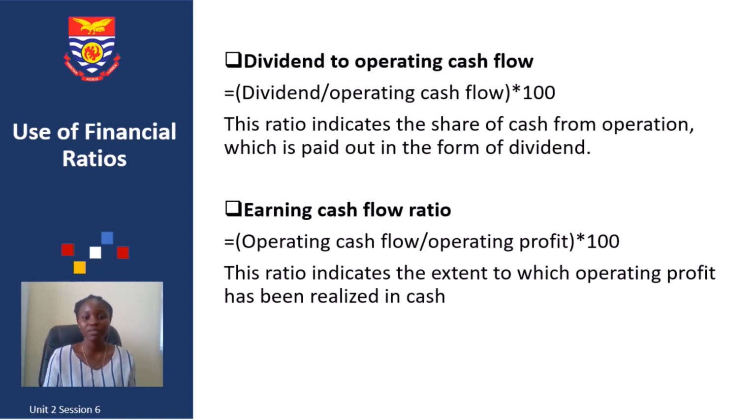However, this dividend to operating cash flow ratio indicates how much of cash from operations is being paid out as dividend. So you would want to know that the higher the dividend to operating cash flow ratio, the more the drainage of cash from the business. In other words, it means that the majority of the funds generated from operating activities are leaving the business.